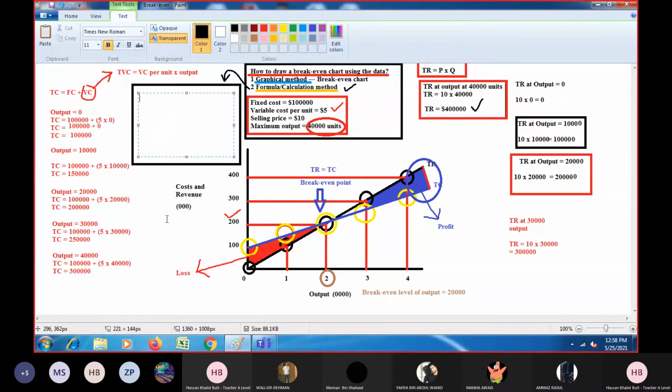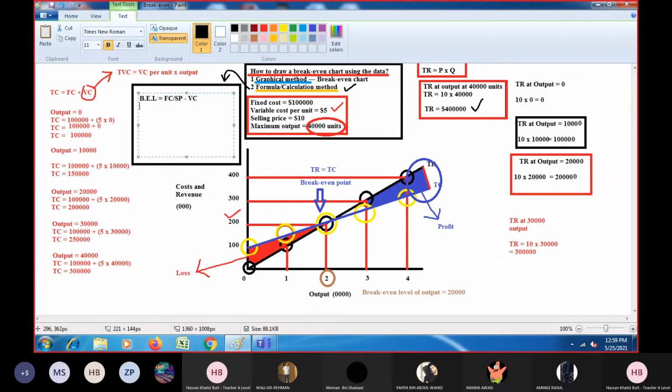BEL, break even level of output. The formula is fixed cost divided by contribution per unit. And how do we calculate contribution per unit? We did that in the earlier class: selling price minus variable cost per unit. This is not the total variable cost, this is the variable cost per unit.